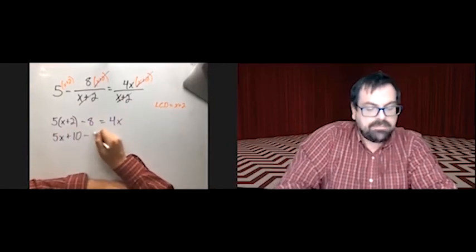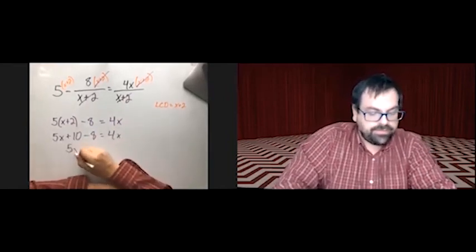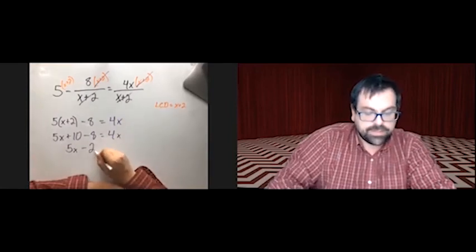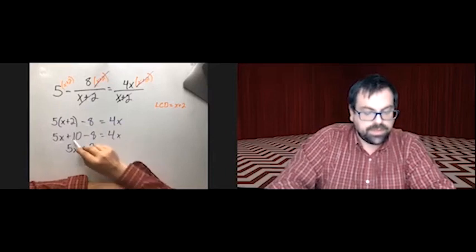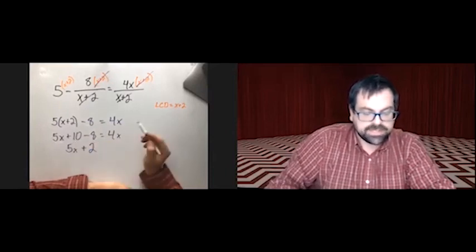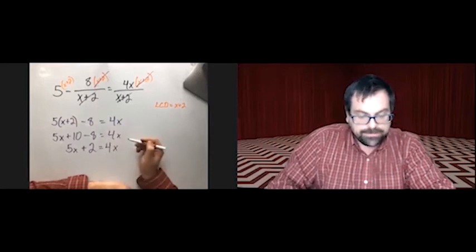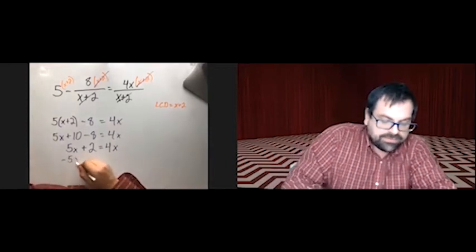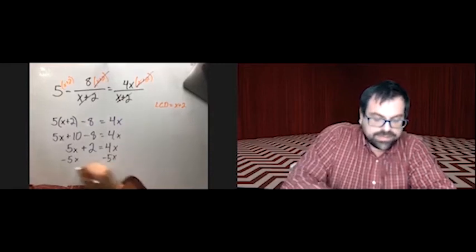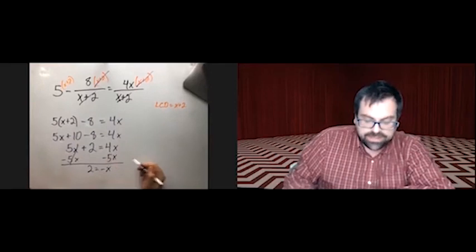5x plus 10 minus 8 equals 4x. 5x minus 2. No, plus 2. Positive 10 minus 8 is positive 2. Equals 4x. Subtract 5x from both sides. 2 equals negative x.